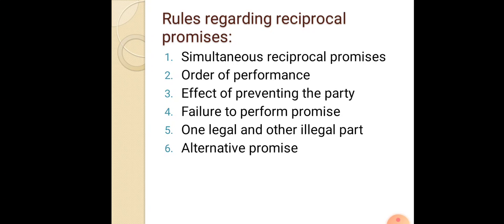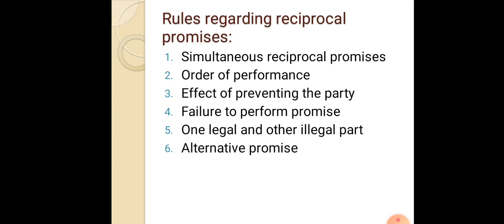So where the order in which the reciprocal promises are to be performed is expressly fixed by the contract, they must be performed in that order. If the order is not fixed, they shall be performed in their natural order.